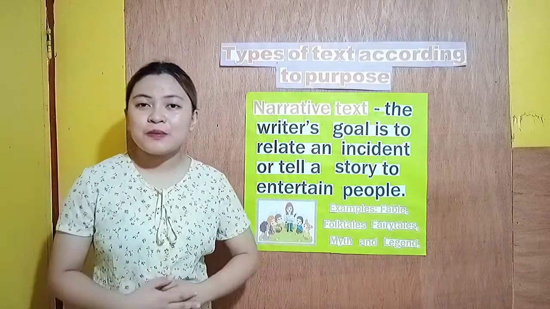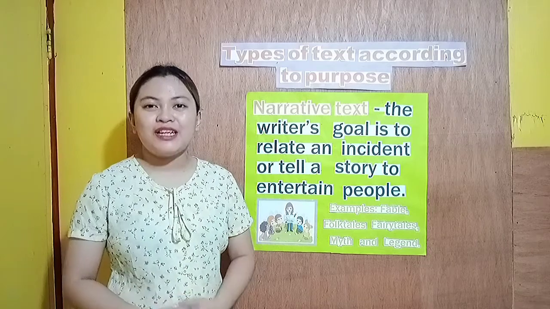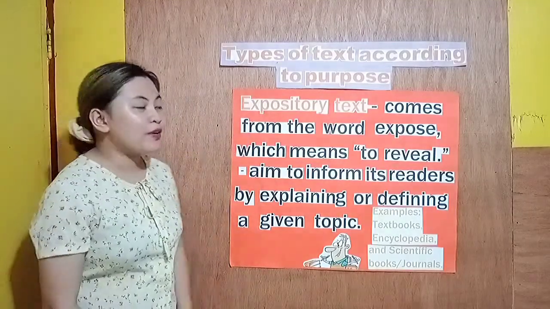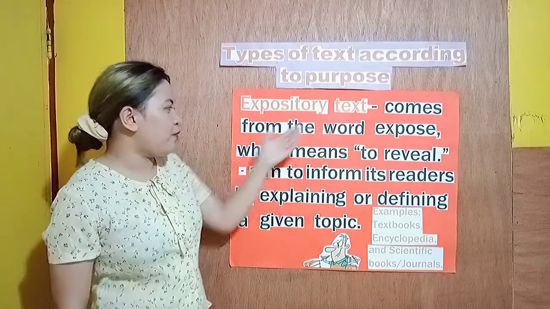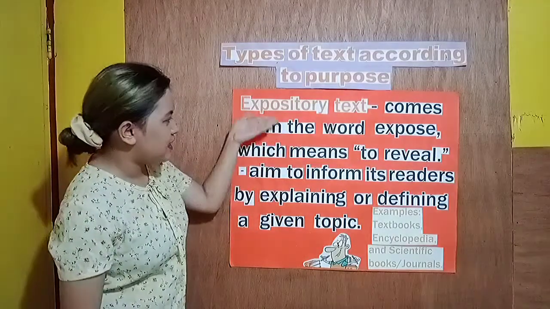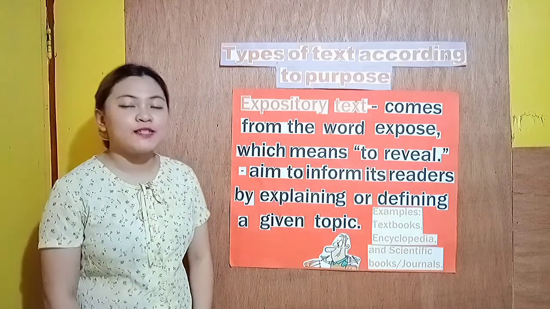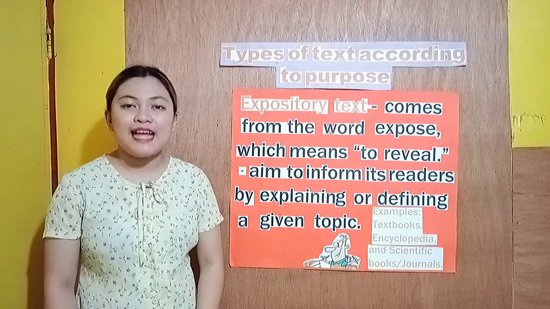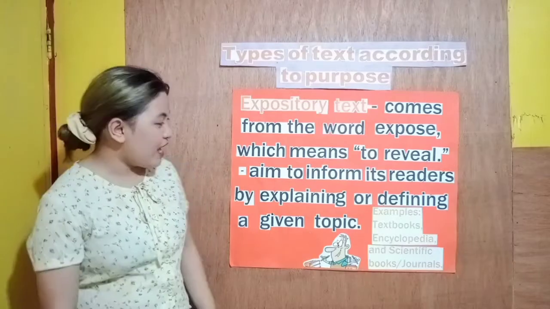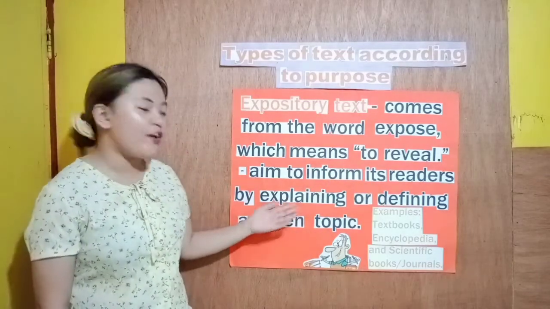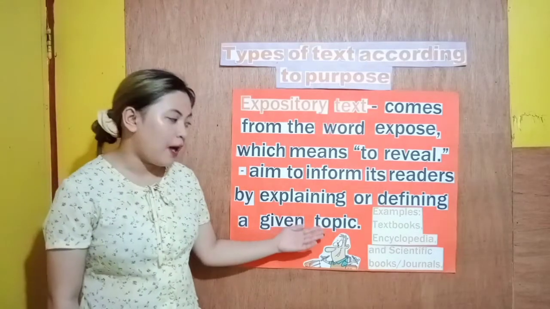Okay, now let's proceed to expository text. I will be reading this one. It comes from the word expose, which means to reveal. So a person writing expository text only tells facts. It is also aimed to inform its readers by explaining or defining a given topic.